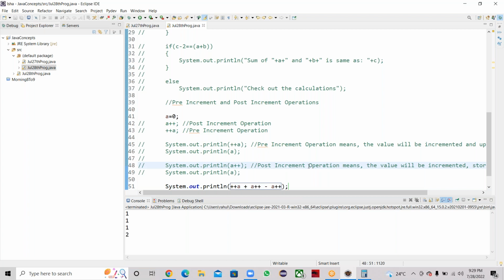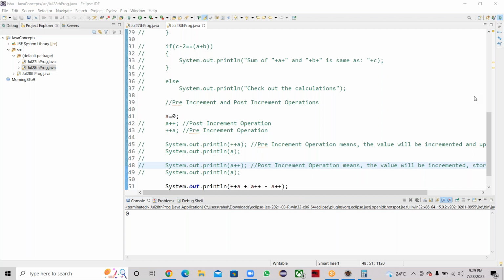Okay. Who said 0 as the answer? Yeah, me, Rahul. Haripriya, can you explain it for me? Plus 1, it will be 1, and then a plus plus is actually 1, but it won't print the answer as 1.